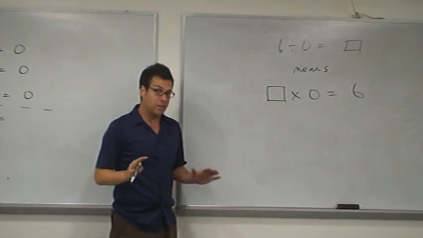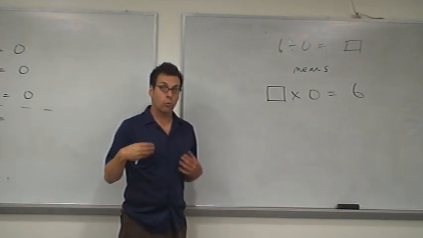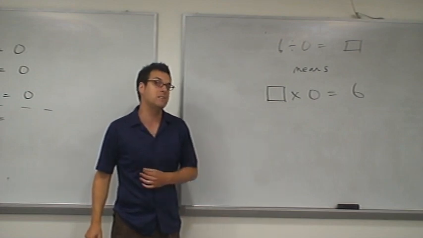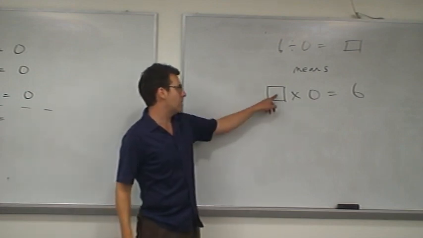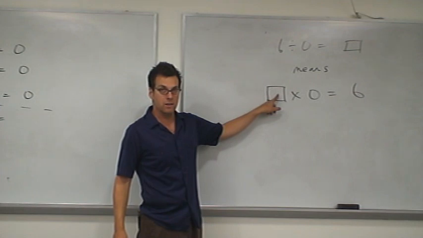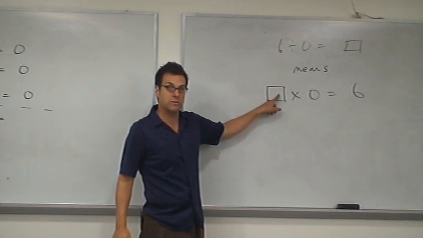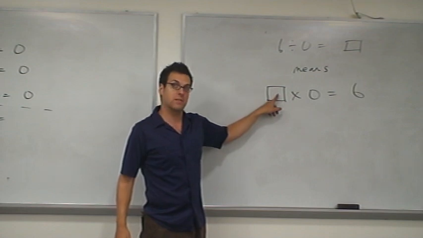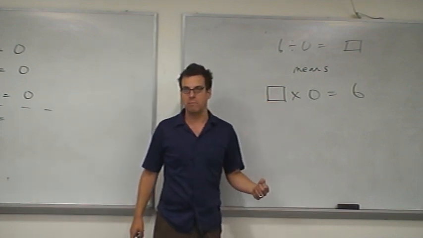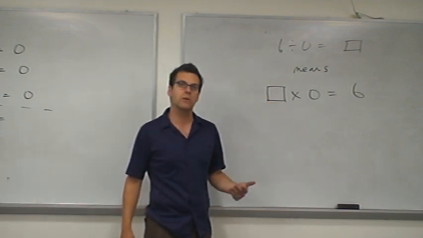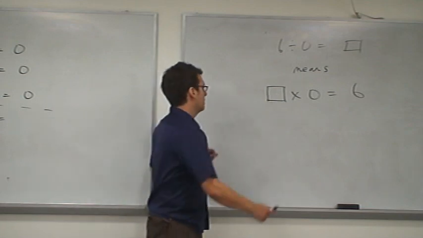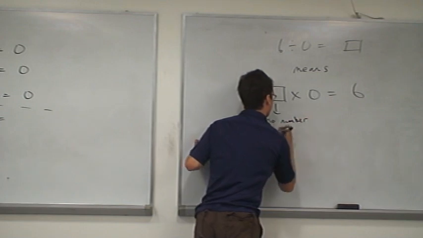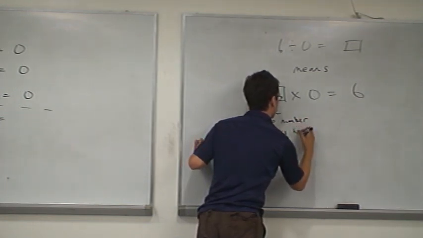And this is all that it takes to correctly explain that 6 divided by 0 cannot be 0, right? Because 0 times 0 is not equal to 6. In fact, no number goes into this blank, because anytime you multiply by 0, it returns 0. It never is going to return 6. No number goes here.